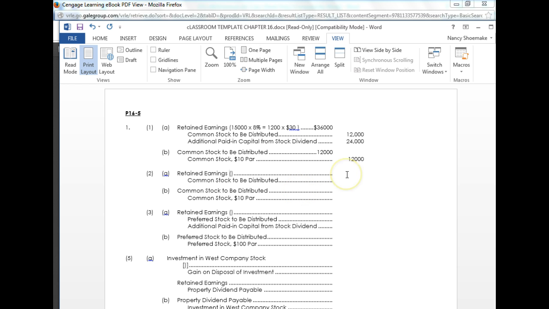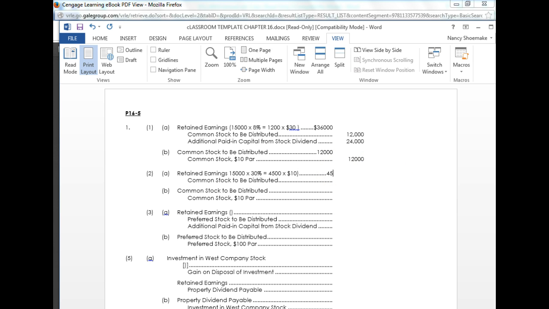A 30% stock dividend, we would take 15,000 shares times 30%, which gives us 4,500 shares. 4,500 times $10 a share, that's going to be $45,000.